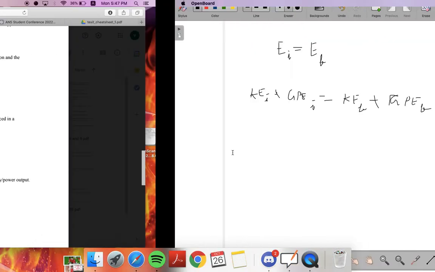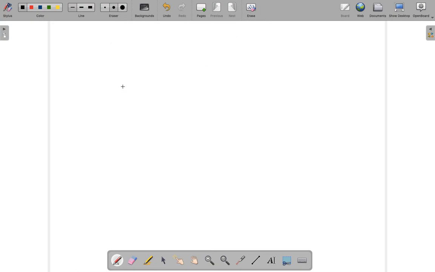And I guess I should also add this in. There's also the work energy theorem, though I'm not sure whether the IB requires you to know this, but one thing you should keep in mind is the work done is equal to the change in kinetic energy. So if you apply some kind of force on an object and it does a work of, let's say, W, that W is also going to be how much by which your kinetic energy has changed.